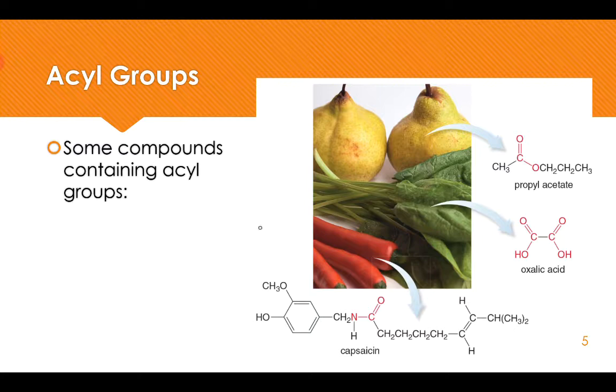So when we're trying to look at molecular structures to identify our acyl functional groups, we can see that we have this ester functional group in propyl acetate, which is responsible for the scent of pears. Oxalic acid is found in spinach, and it has two carboxylic acid functional groups bonded together.